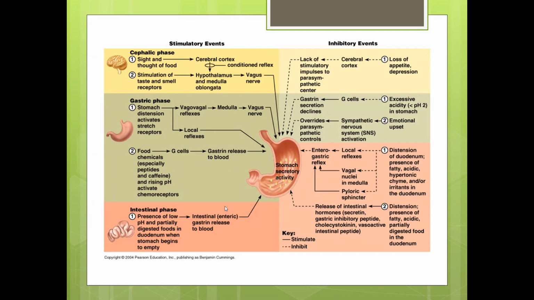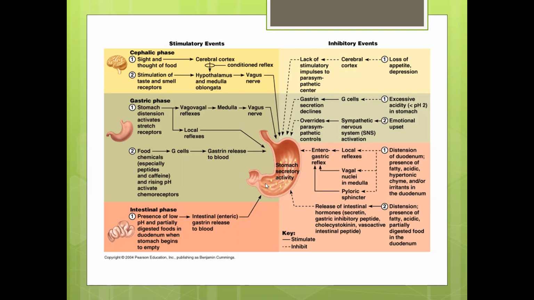So the first part of the intestinal phase is that the stimulus will be the presence of low pH and partially digested foods in the duodenum, which will then cause enteric gastrin release. This was gastric, G-cell gastrin release. This is the intestines, the duodenum, releasing gastrin to finish up this secretory activity.